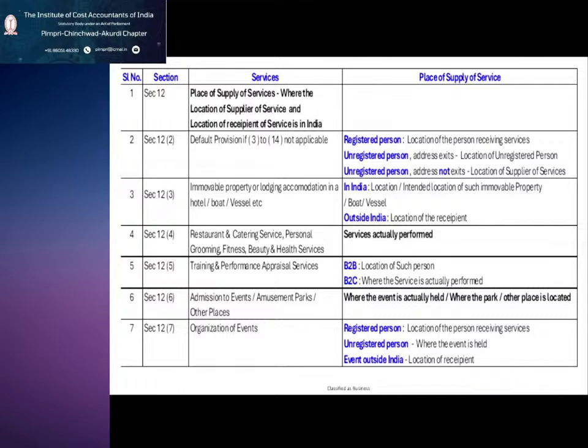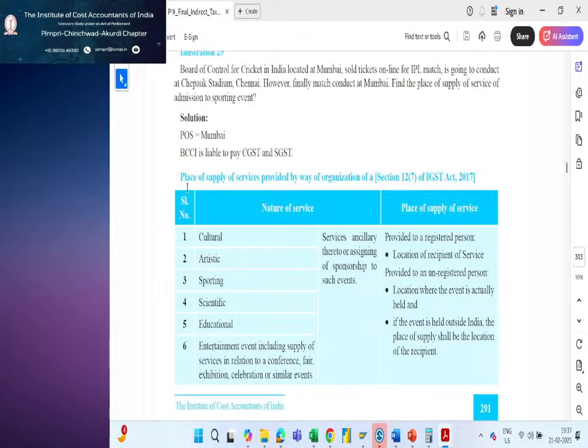Subsection 7 is organization of events. What are the services considered here? Cultural, artistic, sporting, scientific, educational, entertainment events. And what is an entertainment event? Supply of services in relation to a conference, fair, exhibition, celebration or similar events.